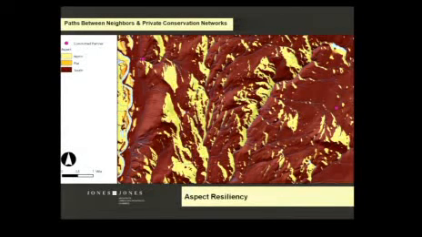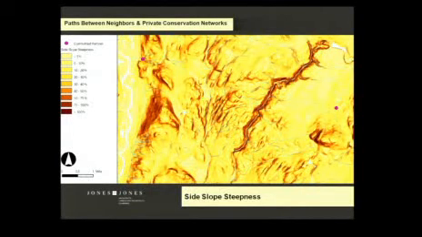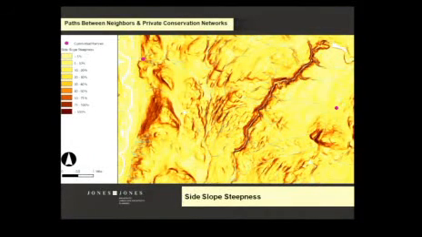Aspect resiliency is determined by north and south facing aspects, given that north facing slopes receive less direct sun exposure, providing them with soils and vegetation that are potentially more resilient to use. South facing slopes receive more direct sunlight and will potentially require more care and adaptability to use, and therefore should potentially be avoided when north facing alternatives are available. Side slope steepness gives values to different levels of slope steepness in relation to its side slope walkability specifically, and these steep slopes should be avoided when less steep slopes are available.